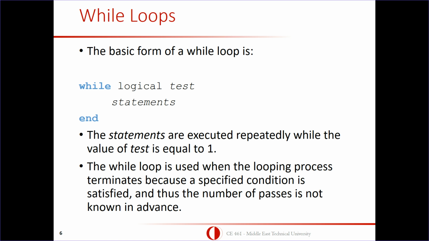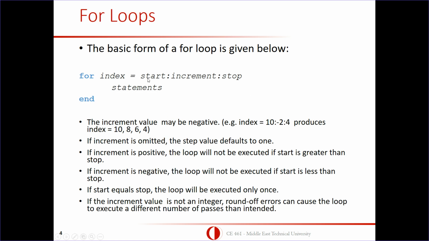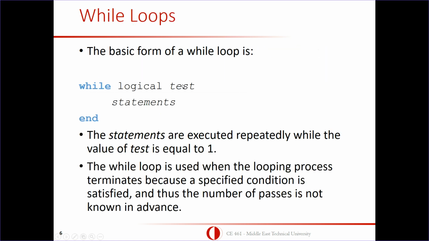So the basic difference between for and while loops: in a while loop, since the loop terminates when the specific condition is satisfied, you may not know the number of passes in advance. However, in a for loop, since you have start and stop and you know the increment value, you can easily calculate the number of times that this for loop is going to run.